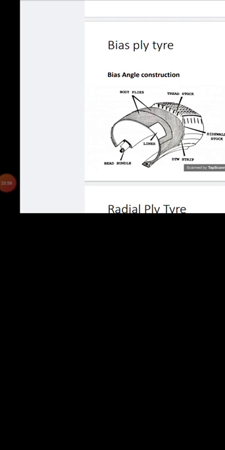And the bias ply allows a tire to move through the tire footprint on the contact patch also, and the tread is pushed together as it goes into the footprint, and this stores energy in the rubber.